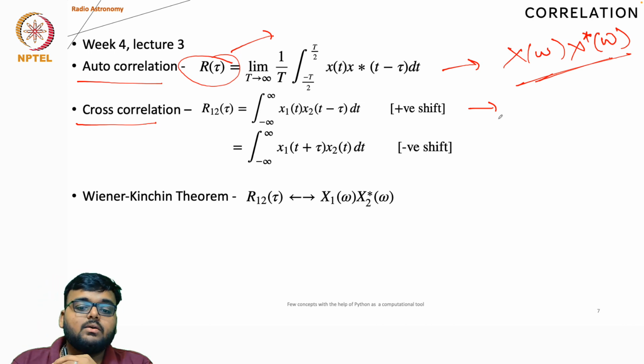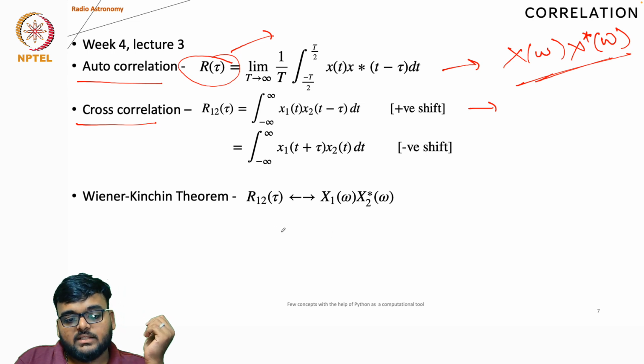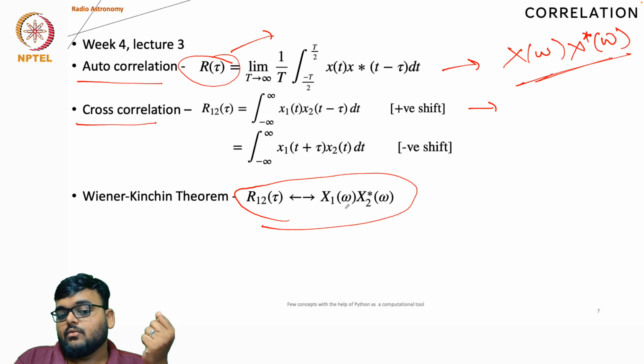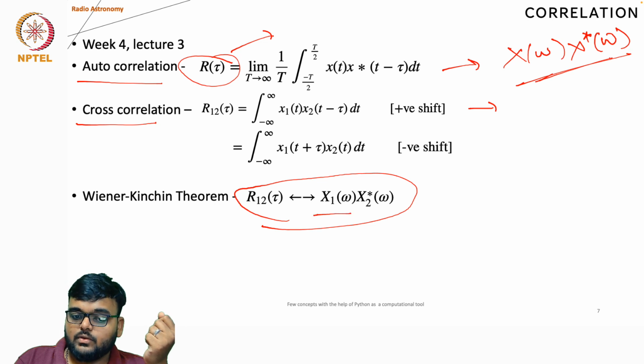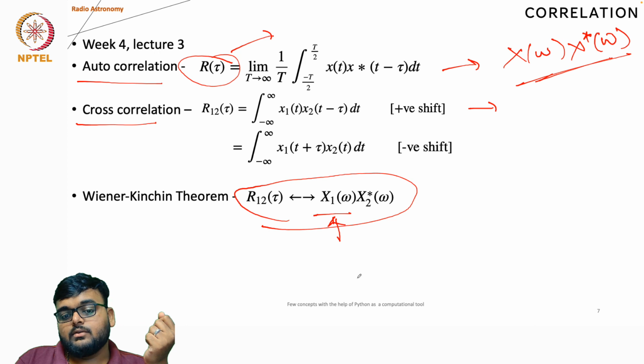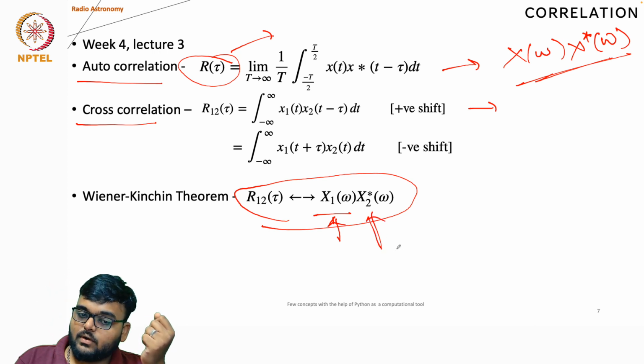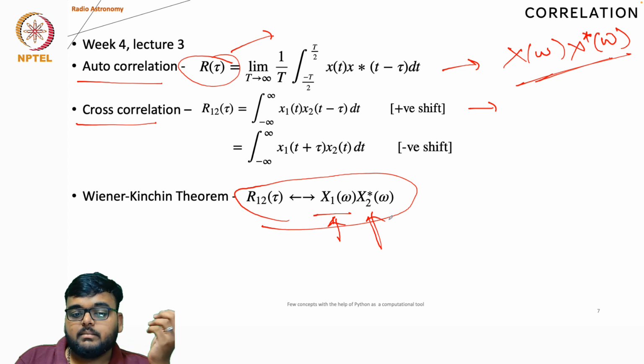Now there is another thing called the Wiener-Khinchin theorem, which suggests that if you want to save computation time, you can take the first signal, do a Fourier transform, then take another signal, do its Fourier transform, conjugate it and multiply with each other.